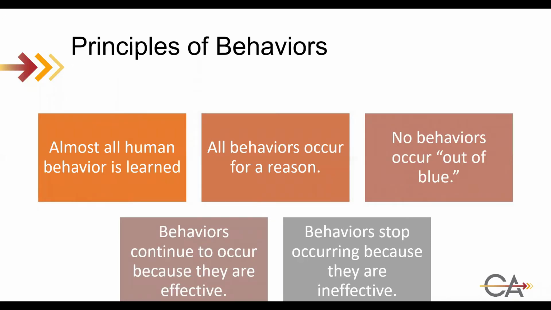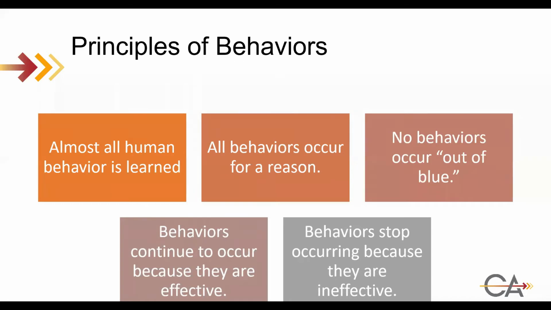There is a reason why they're engaging in that behavior, even if we don't know it or they don't know it. Behaviors continue to occur because they are effective, and when they become ineffective, that's when behaviors stop.